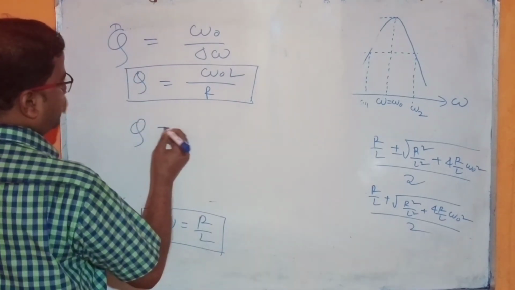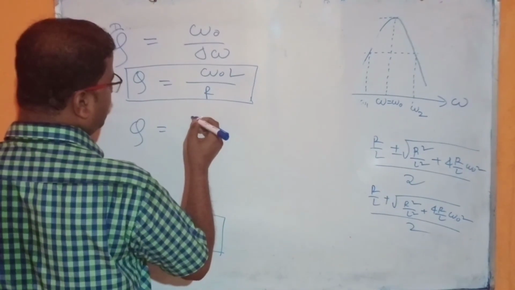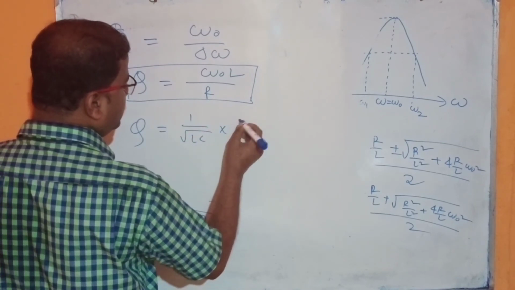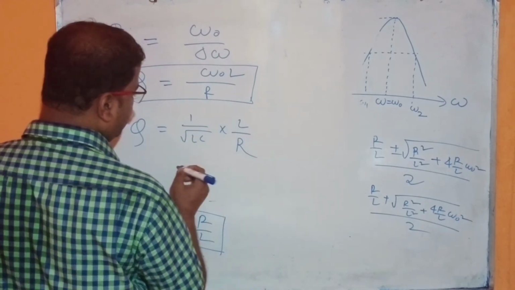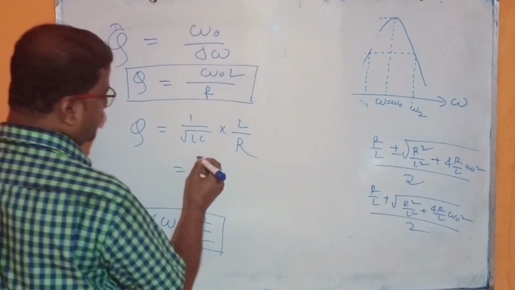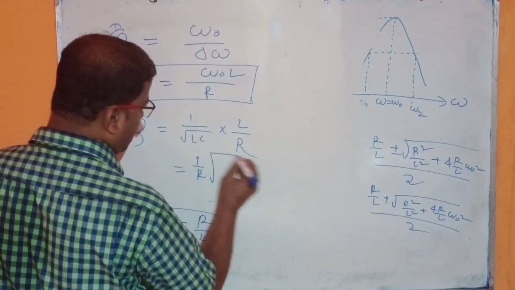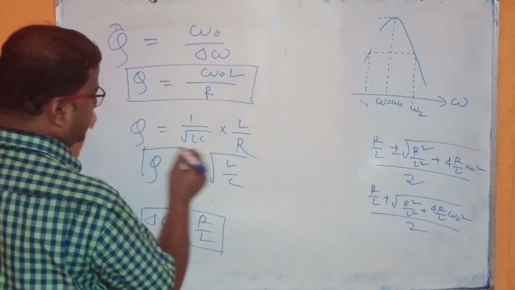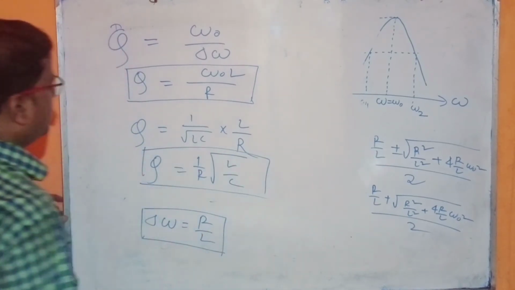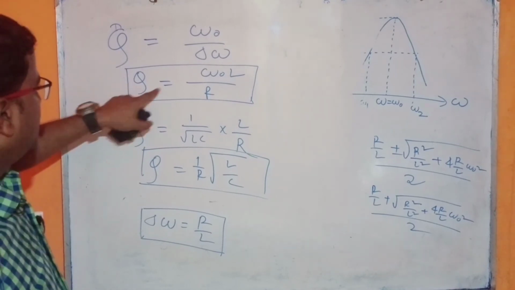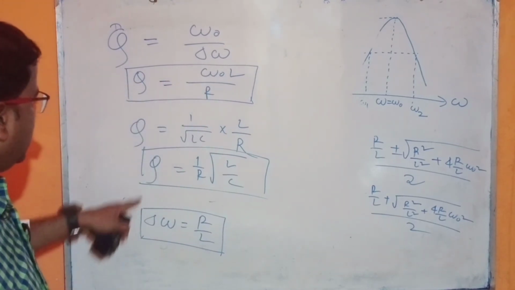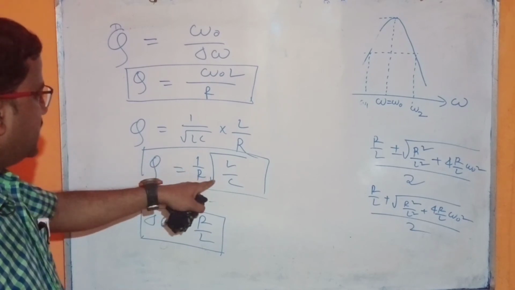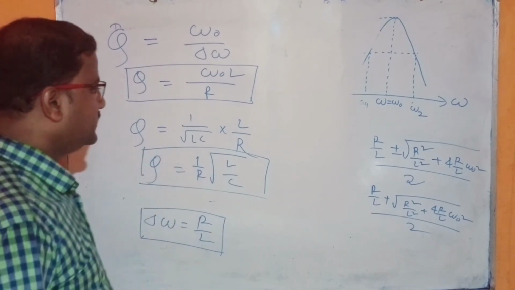We can also write omega 0 as 1 by root LC, so Q equals 1 by R under root L by C. This is another relation. First relation Q equal to omega 0 L by R, and the other relation Q equal to 1 by R under root L by C.